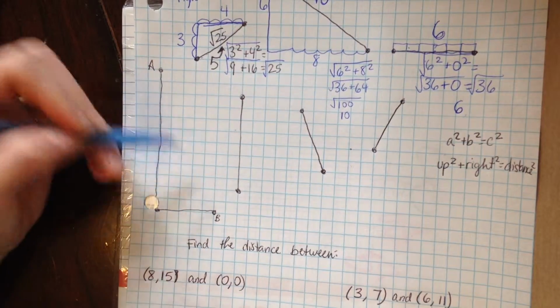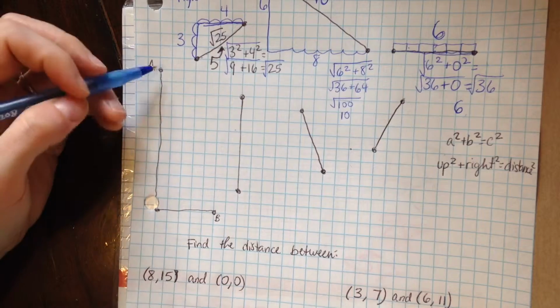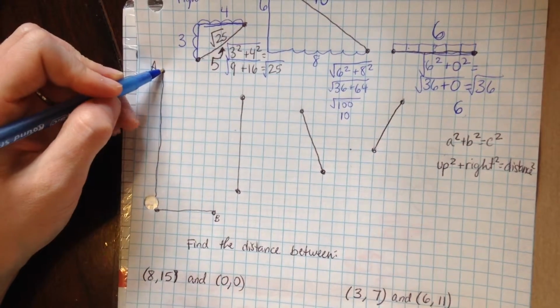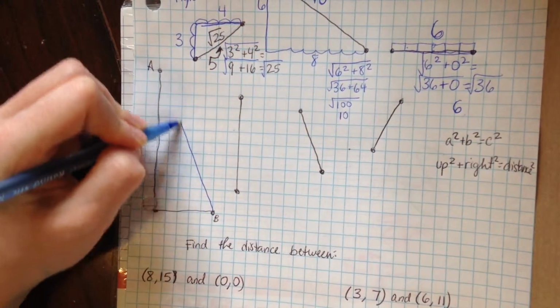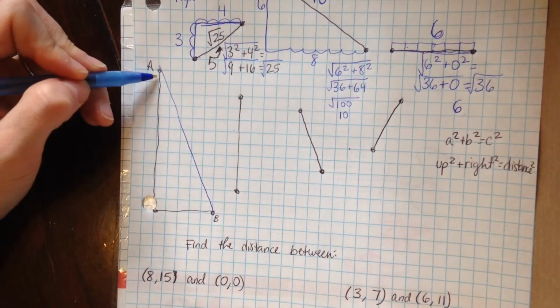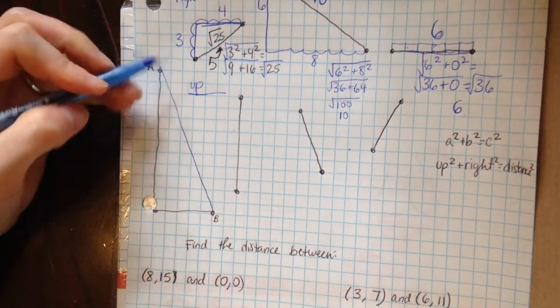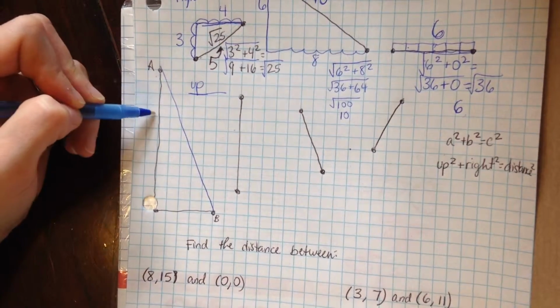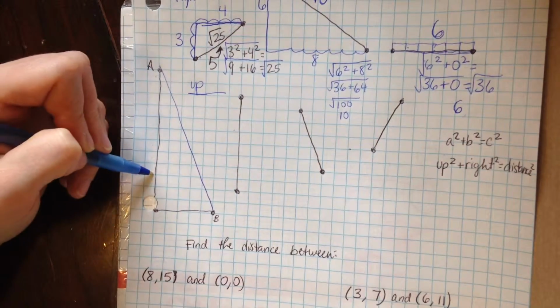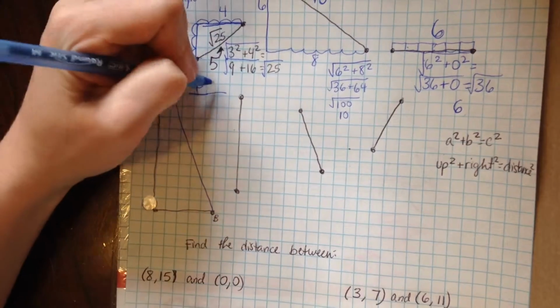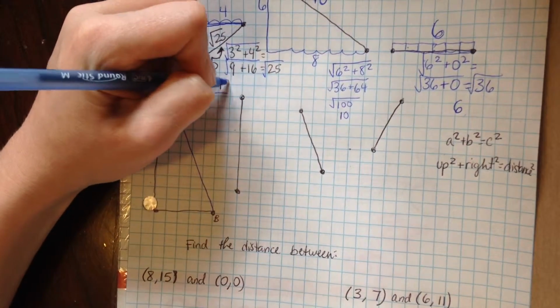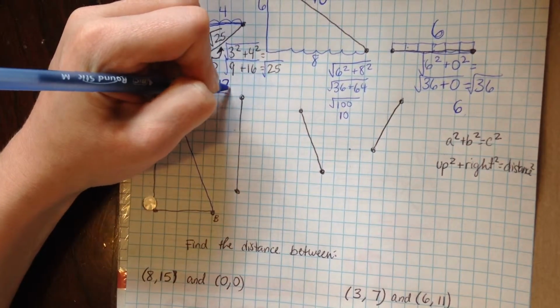Here we have A to B. I already have the vertical and horizontal distances drawn, but we're trying to find the distance from A to B. So let's count our vertical distance. Vertical distance up is 1, 2, 3, 4, 5, 6, 7, 8, 9, 10, 11, 12. Now, a lot of you are talking about, well, it's a slope. It's down 12.